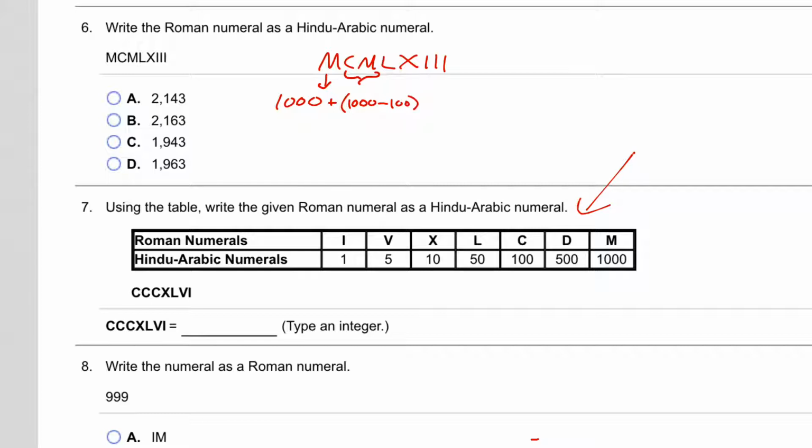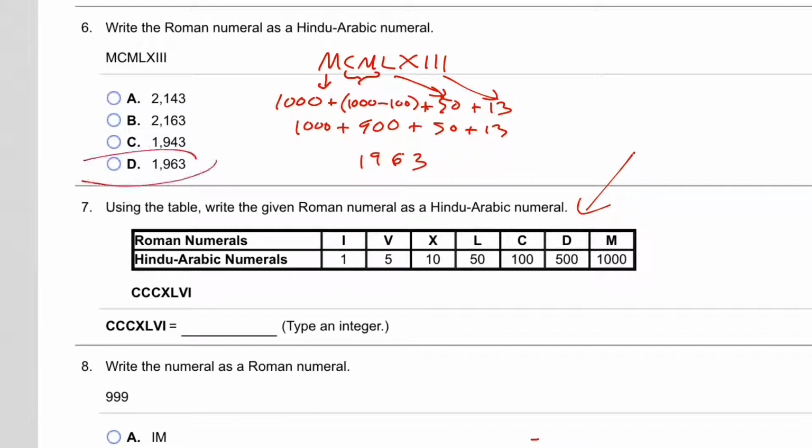And then we have L, which is 50, and we have basically 10 plus 3 is 13. So we can just combine those last three. So 1,000 minus 100, that gets you to 900. And we get 1,963. Okay.